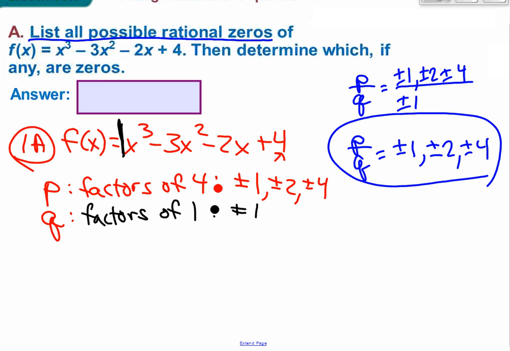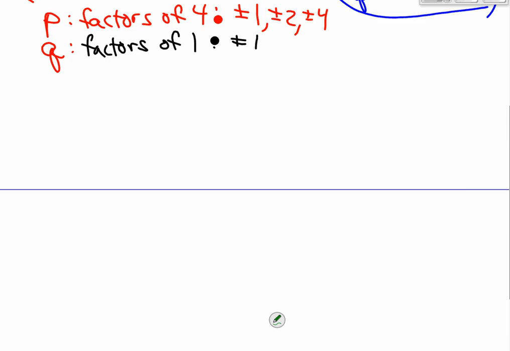So this is part 2, and this is to determine which, if any, are zeros. Now, you have to pay attention to directions. This just says, list these out, figure out if any of these are zeros. So it's not asking us to find anything that's irrational or complex at this point. And so we're just trying the ones that would possibly work here.